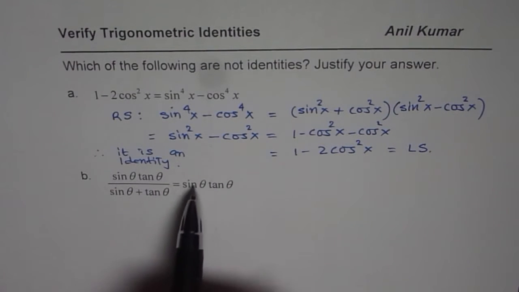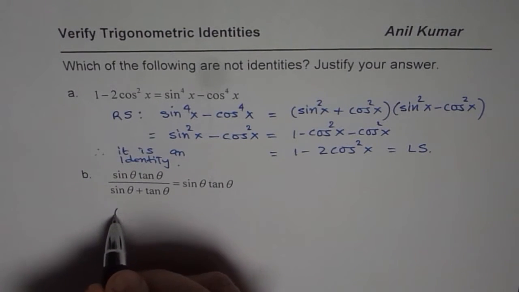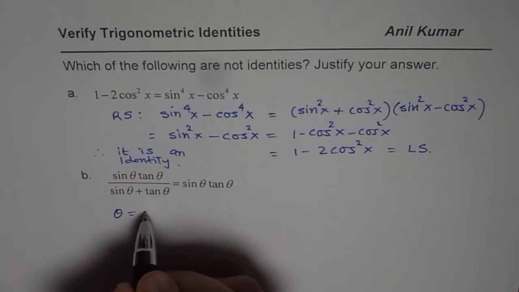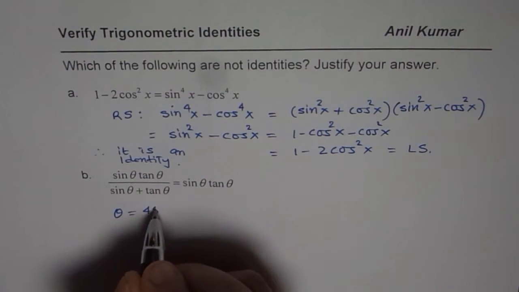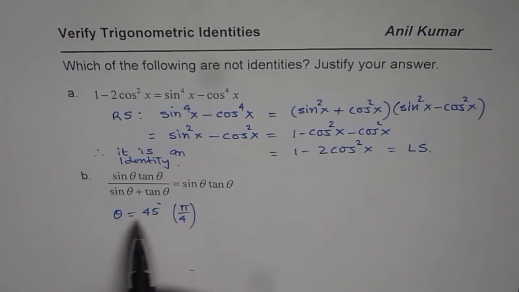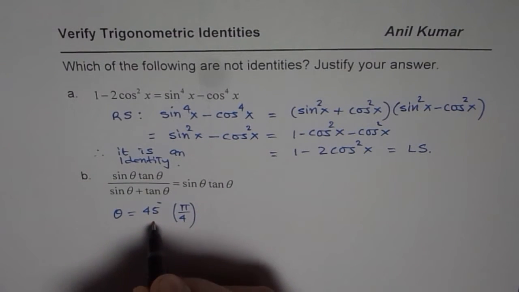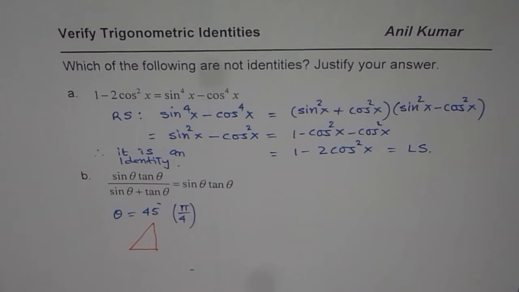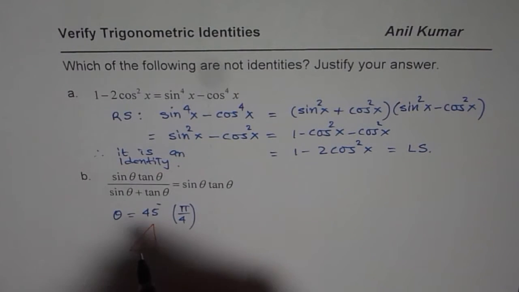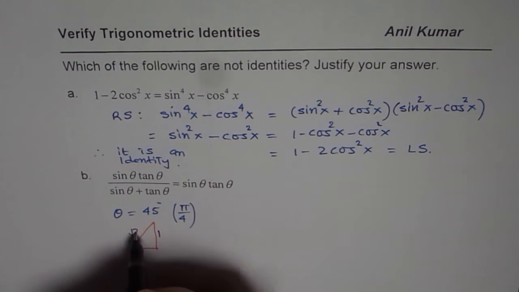Perfect. Since there is a restriction of that kind, what we will do is just check some values. Let's say theta equals 45 degrees, or those of you who are doing it in radians can take pi by 4, right? So if I take theta as 45 degrees, I'm considering this triangle where the sides are 1, 1 and square root of 2.